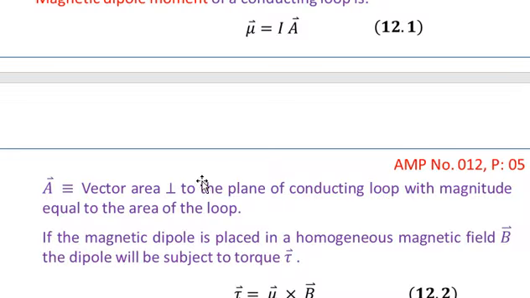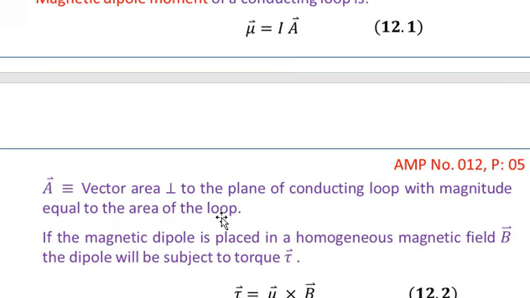Where capital A, in the form of a vector, is the vector area, and it has a direction perpendicular to the plane of the conducting loop, and the magnitude of this vector area A is equal to the area of the loop.